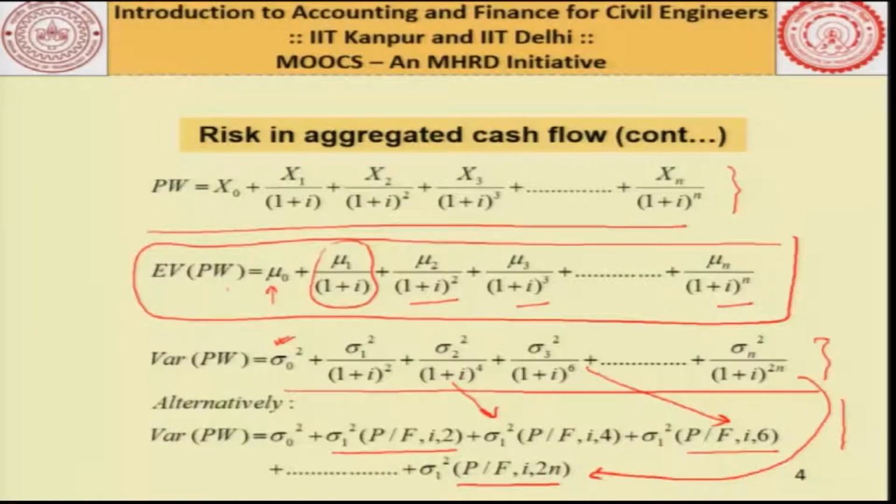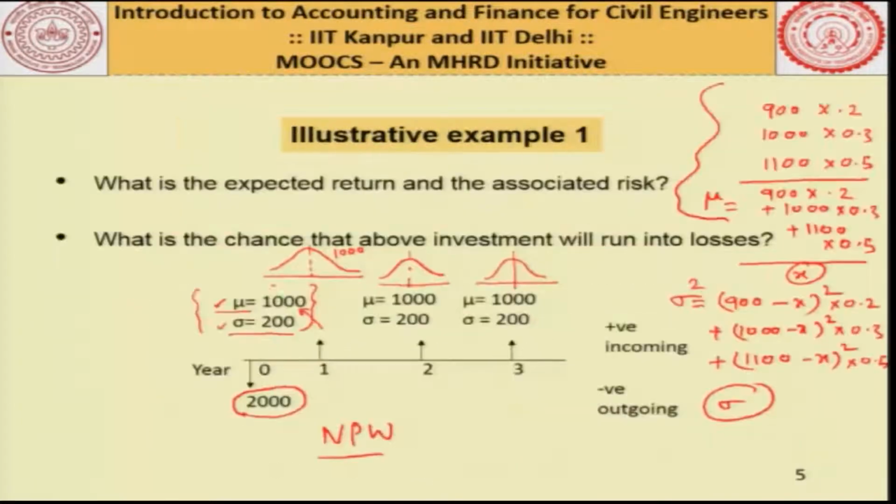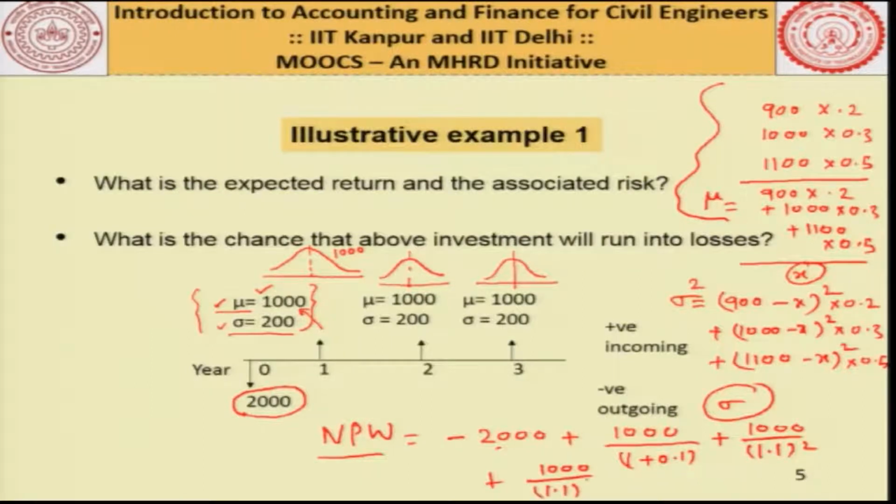So, the expected value of present worth is given by mu naught plus mu 1 upon (1 plus i). In this case mu naught is one single value, which is 2000, so you can write minus 2000 here, plus 1000, which is the mean value here, divided by, let us assume i is equal to 10%, so I write 1 plus 0.1 for year 1, plus 1000 by 1.1 raised to power 2 for year 2, and plus 1000 divided by 1.1 raised to power 3.